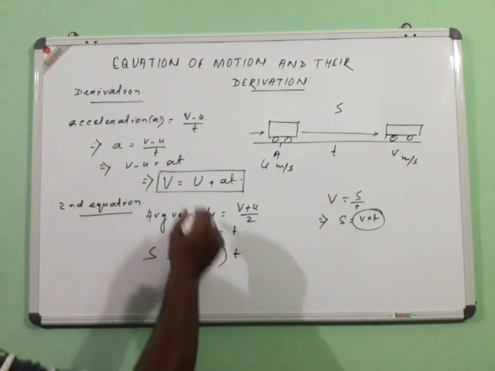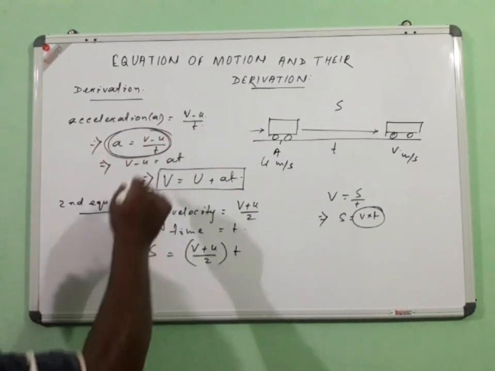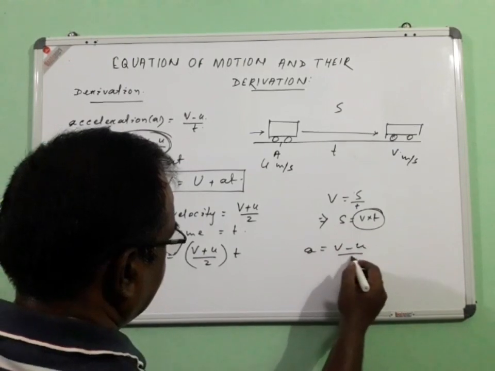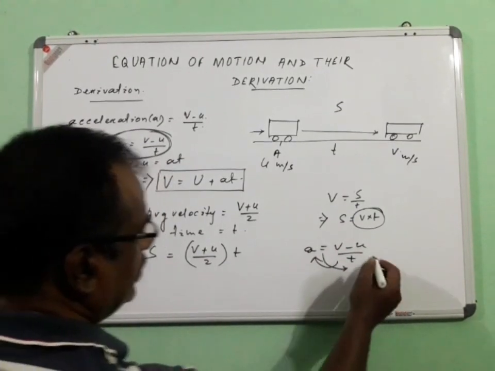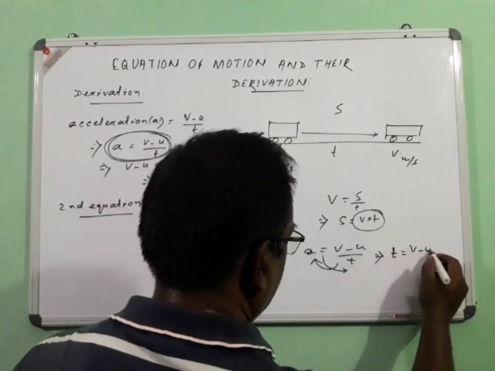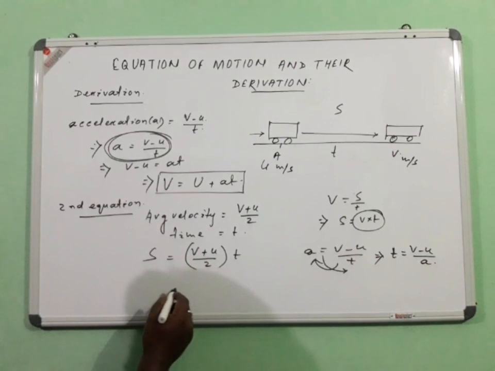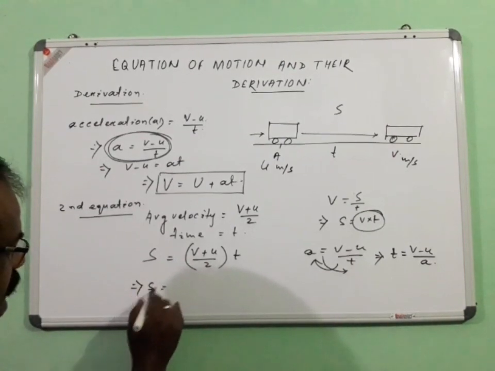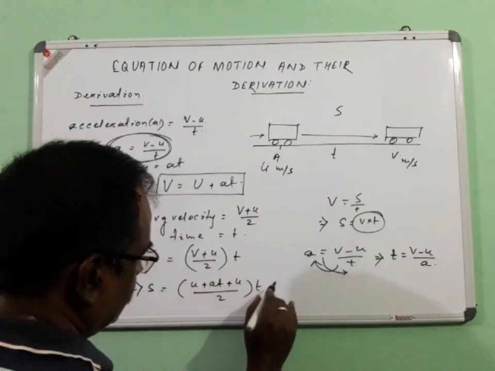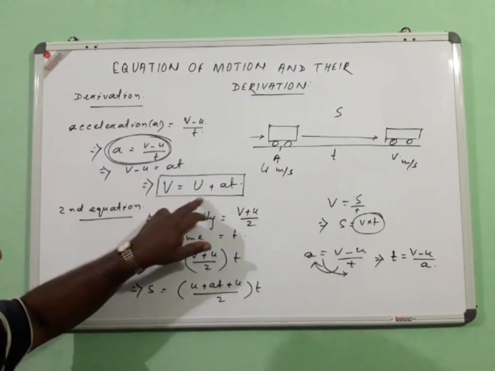From the first equation of motion we have seen that a = (v − u)/t, so t = (v − u)/a.